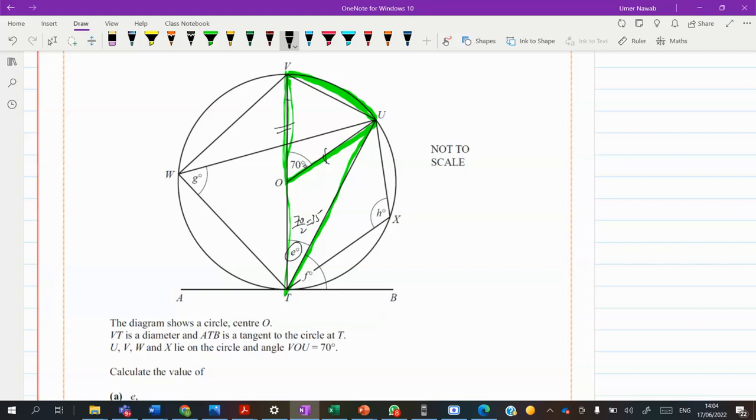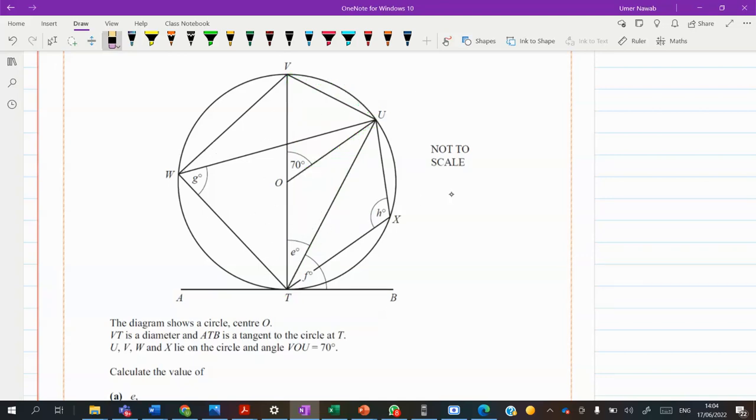This is 70. I can write this angle also 35. Can I find G? Let me check which property I can use. This is 70. Is there any diameter given to me? Yeah, very good.